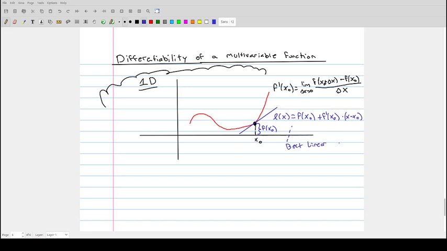linear approximation to the function at the point.